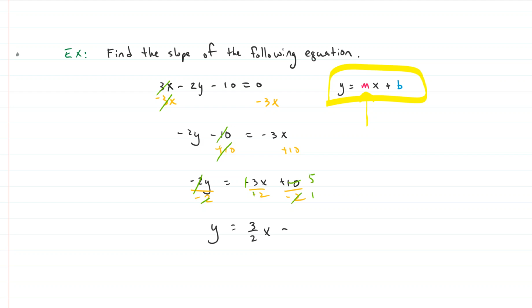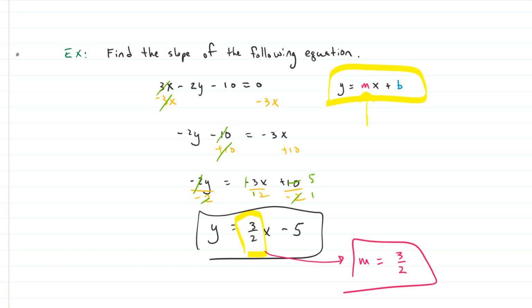So we've got a negative 5 here. So we've converted our general equation to slope-intercept form, and now we can identify the slope. So our slope is a positive 3/2.